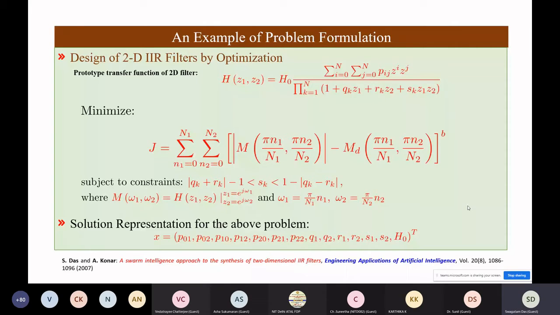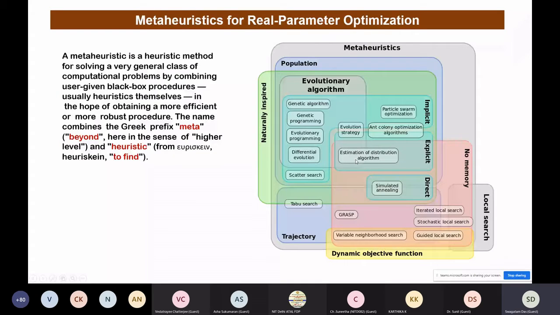You will go on refining them in an iterative manner until you approach such an x for which this mismatch, this is our objective function or cost function, becomes minimal. So that is a solution representation mechanism for meta heuristics.